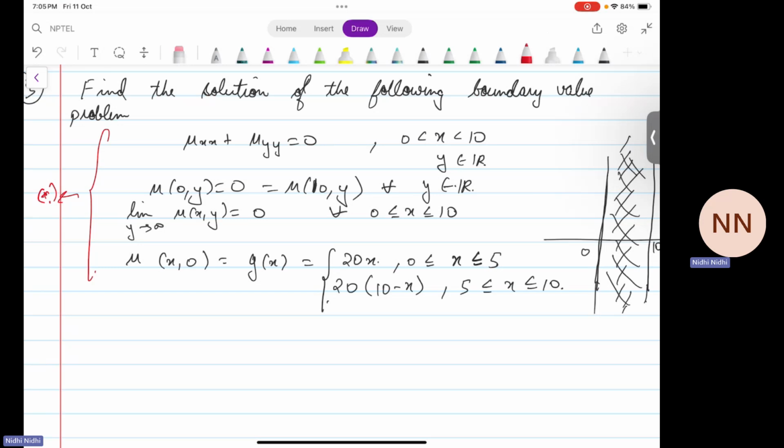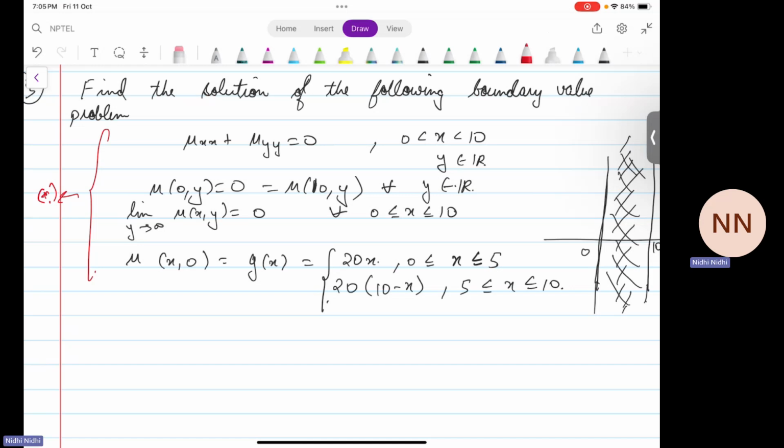Using these two conditions and putting u(x,y) in the equation Uxx plus Uyy equals 0, take the function depending on x on one side, depending on y on the other, and equate it with lambda, taking the minus accurately on the side where you must take it, so that you get a Sturm-Liouville kind of problem, which can be solved using the conditions X(0) equals 0 and X(10) equals 0. And then after taking the three cases, you try to find what X will be.